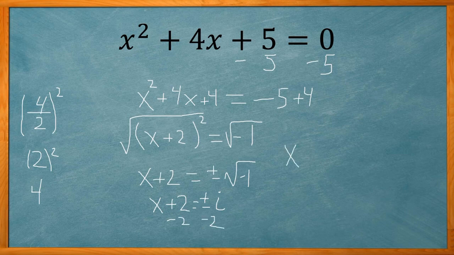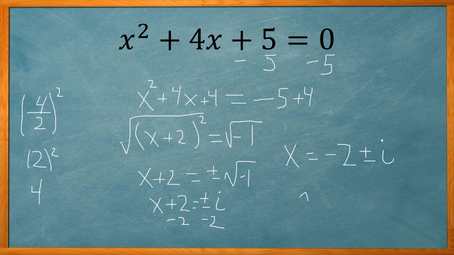That leaves me with x equals -2 plus or minus i. And remember, i is an imaginary number. Since we can't take the square root of a negative number, we use the letter i to denote imaginary numbers.